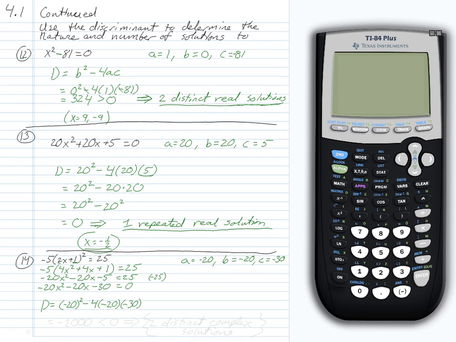Okay. Well, if you plug all that into the calculator, you'll end up with negative 2,000. Well, that is very much less than 0, so this equation is going to have two distinct complex solutions.